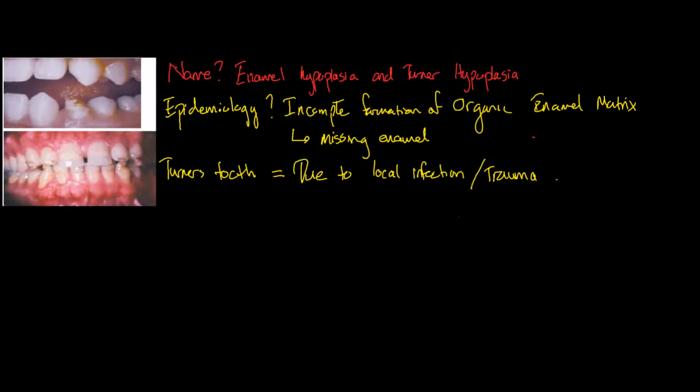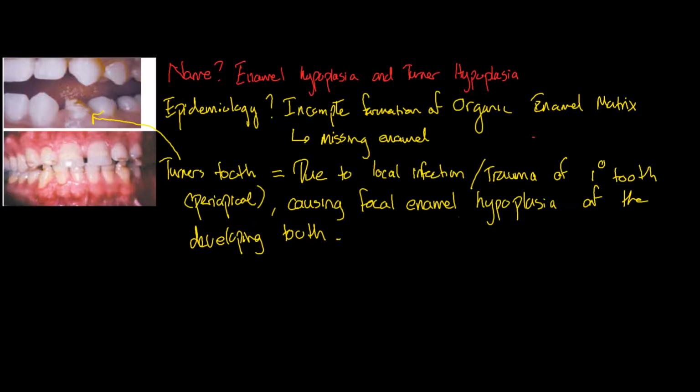And Turner's tooth is due to the local infection or trauma of the tooth. And this trauma is of the primary tooth, and this is periapical. So I have an arrow here pointing toward the tooth that is affected.